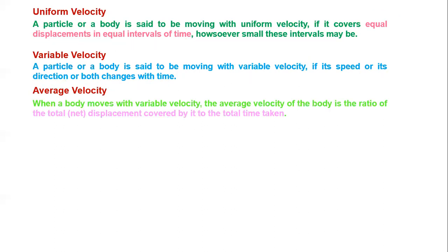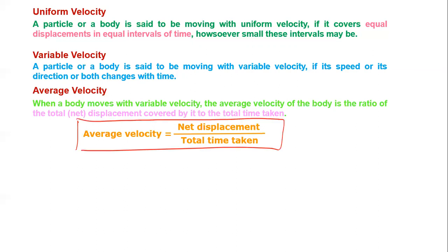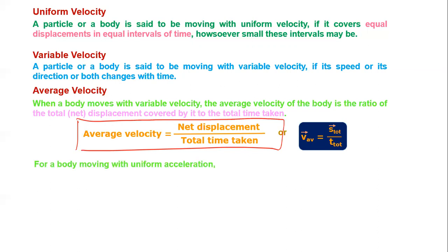Average velocity. When a body moves with variable velocity, the average velocity of the body is the ratio of the total displacement covered by it to the total time. So average velocity is net displacement divided by total time. Symbolically, V bar is equal to total displacement divided by total time.